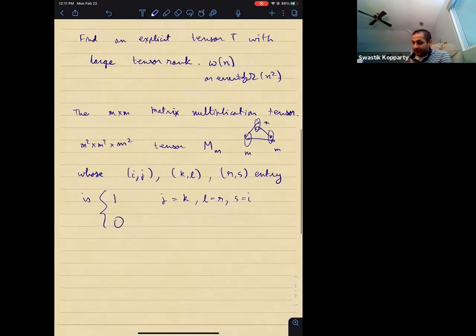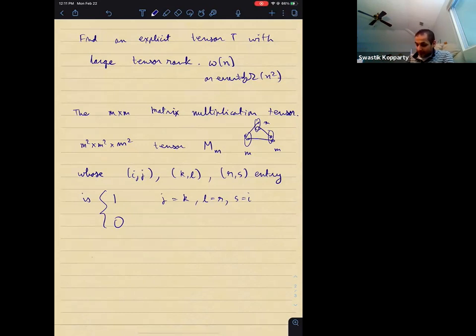It's an extremely important tensor for algebraic complexity, because the tensor rank of the matrix multiplication tensor governs the complexity of matrix multiplication by algebraic algorithms.